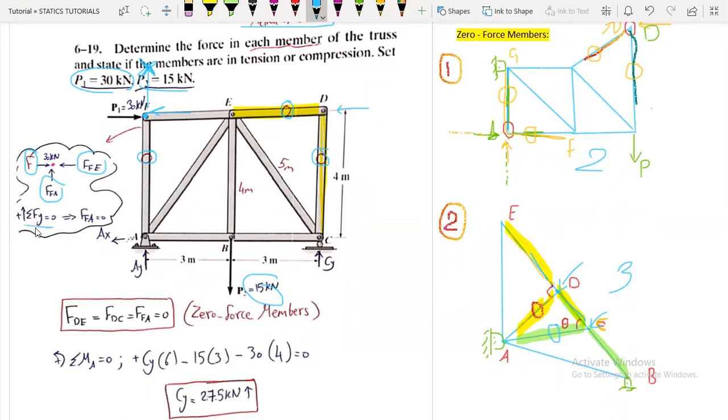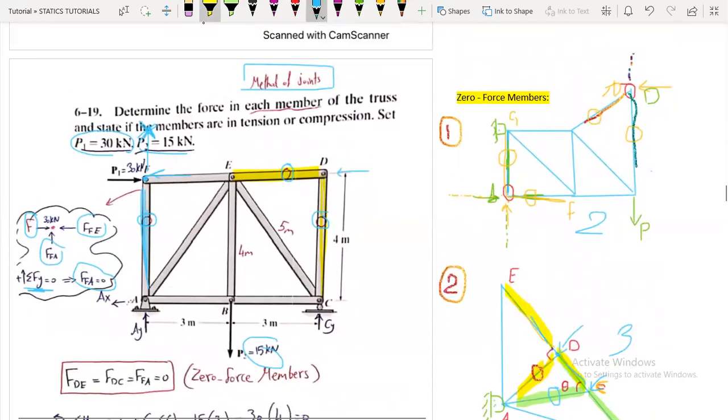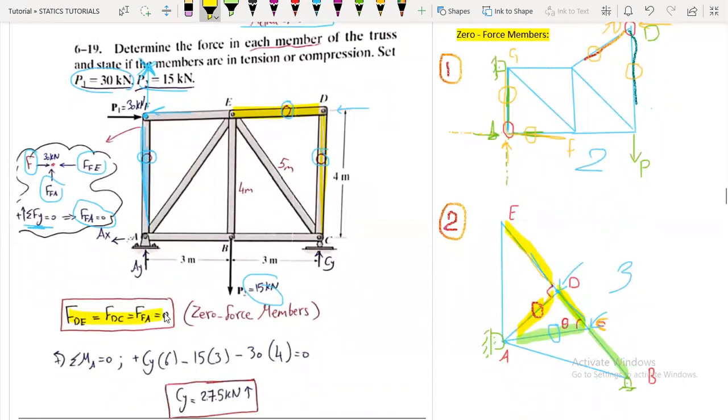So if we take the summation of forces in the y direction, the force in this member FFA is going to be 0. So FDE, FDC, and FFA are zero force members. Now, taking the summation of moments about point A to find the reaction at C: we have the reaction at C multiplied by 6, rotating counterclockwise, so positive.